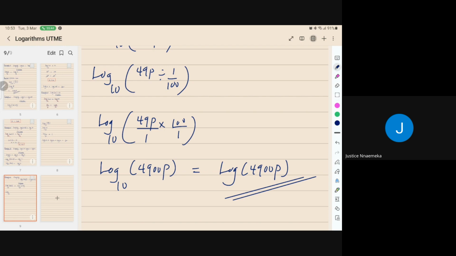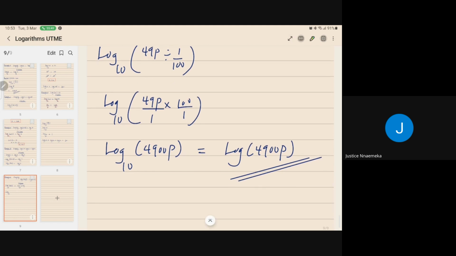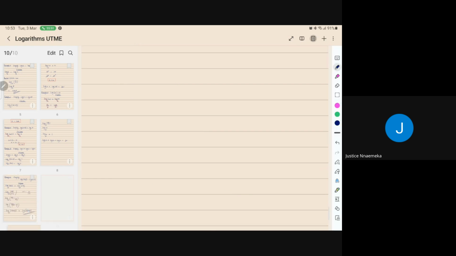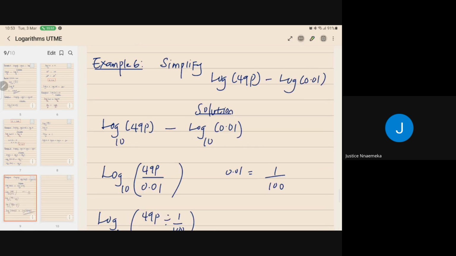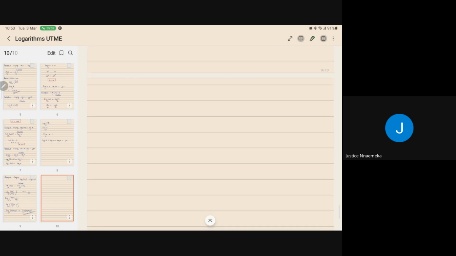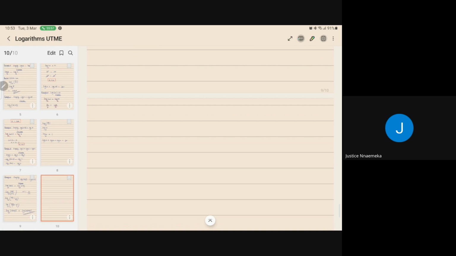So let's solve those ones I was talking about, the kind of values they can give you, and then you plug in accordingly. Sometimes you might see questions that look like this, and you are required to solve them. What do you do in that kind of situation? So let's have example number 7, still on logarithm, where the values are given.